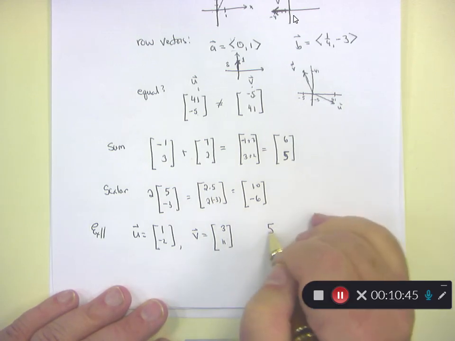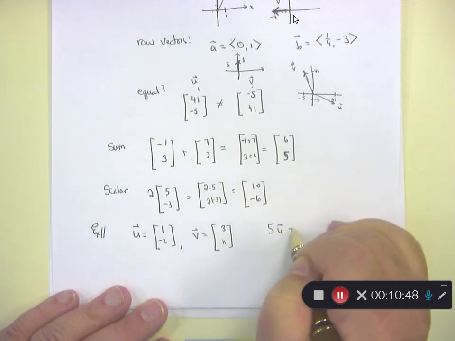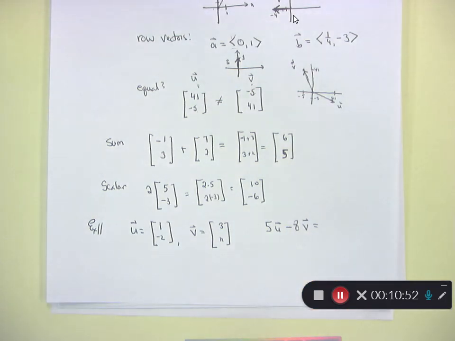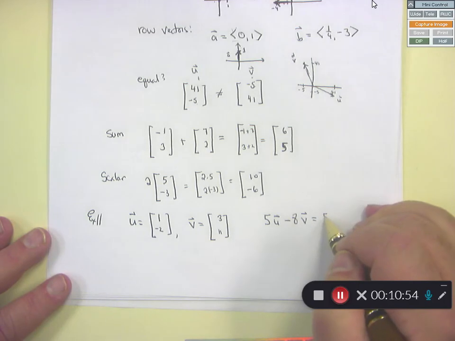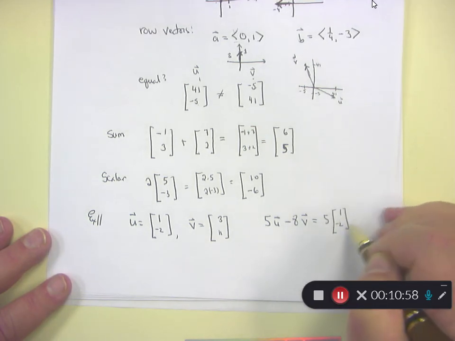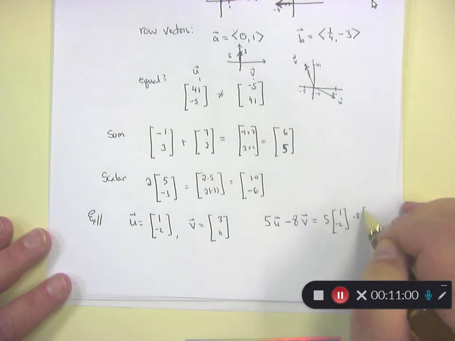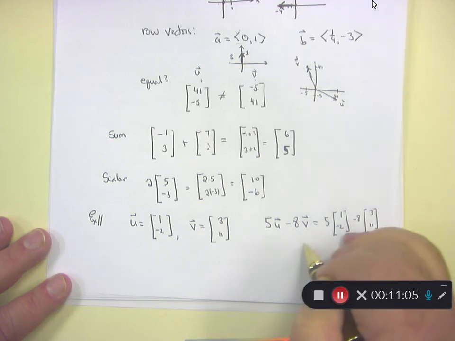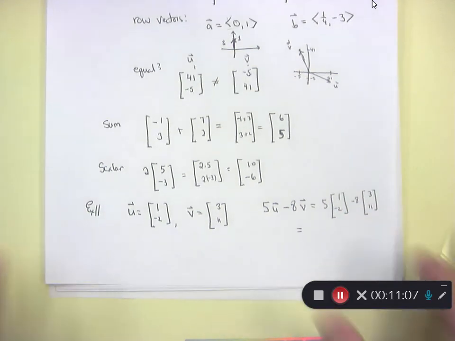What would 5u minus 8v be equal to? Well, from an algebraic perspective, this would be 5 times the u vector 1, negative 2, minus 8 times the v vector 3, 11. And then we start doing the scalar multiplication and then the adding of components.